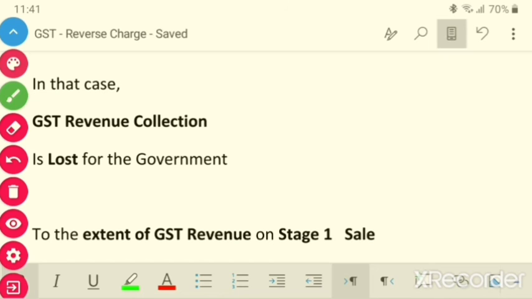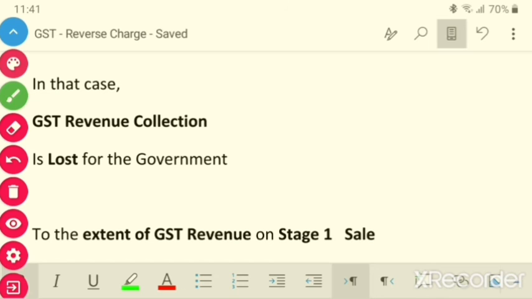But the difference is, in the situations which we took as examples, in one case, GST revenue collection might have been postponed. In another case, GST revenue would have been lost to the extent of GST relating to stage 1 sale.